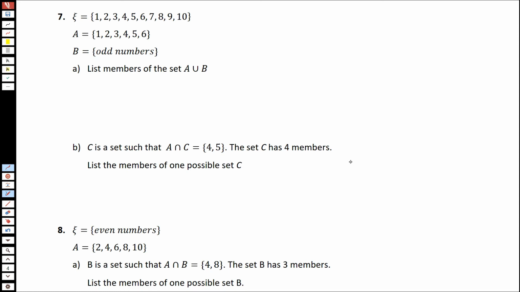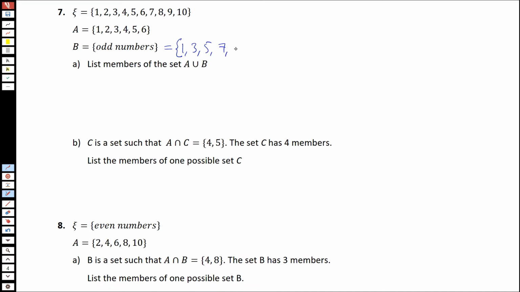So the universal set is given by that. Set A is given by these elements, and set B is odd numbers, so we can list odd numbers up to 10. So that will be 1, 3, 5, 7, and 9.